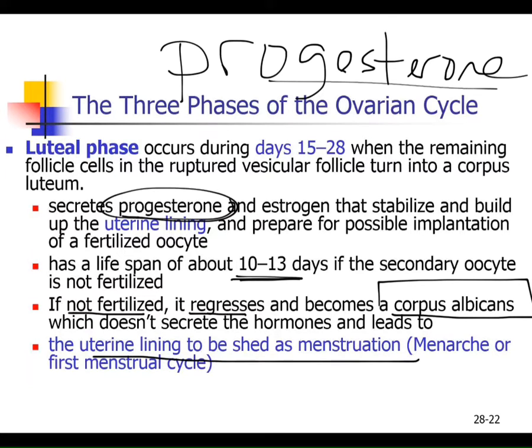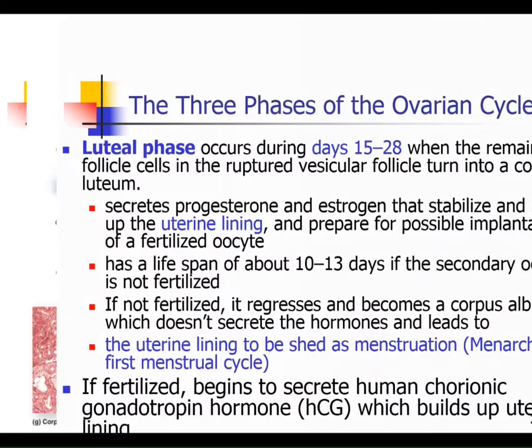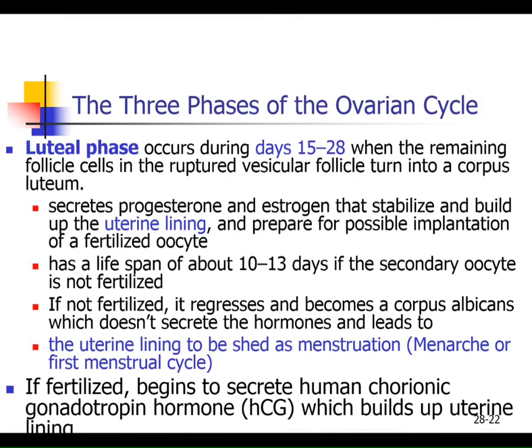So that's if pregnancy did not occur, if implantation did not occur, then the uterus will begin to slough off again. Now, if fertilization did occur, then the embryo itself is going to produce a hormone called HCG, little h for human, CG, human chorionic gonadotropin hormone.